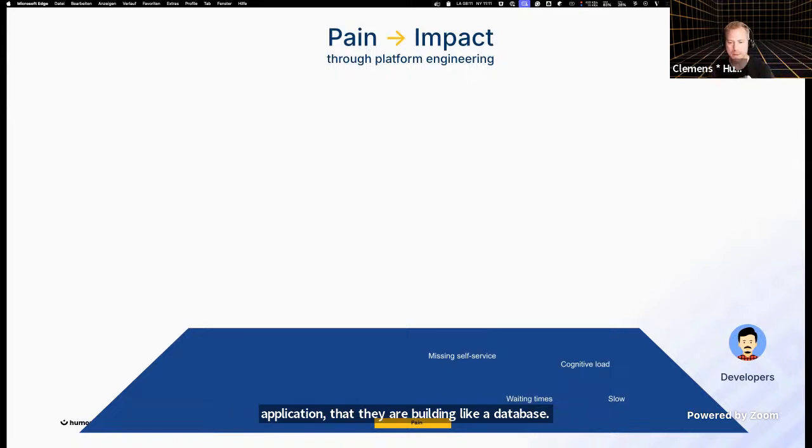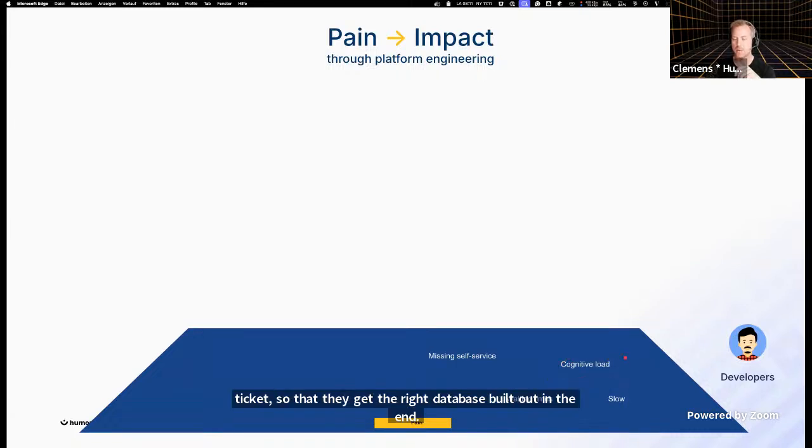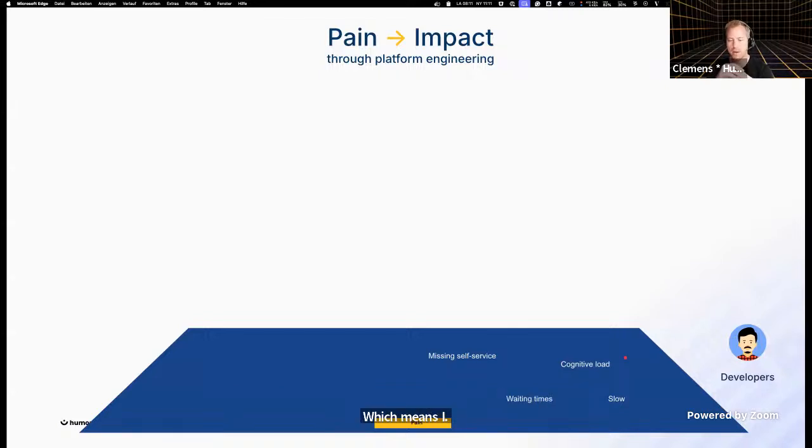And because a ticket is such a nice way to convey information, how that database should look like, I have to actually know quite a lot about that database upfront to convey all of the right information in that ticket so that I get the right database built out in the end, which means I earn a lot of cognitive load. Obviously, waiting on tickets is slow and is not a great experience.